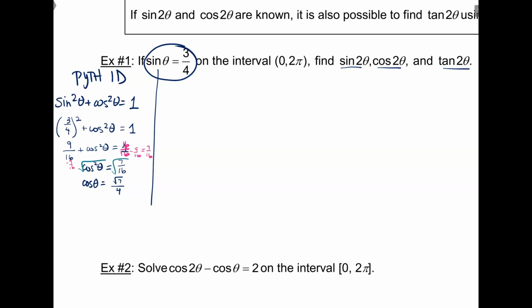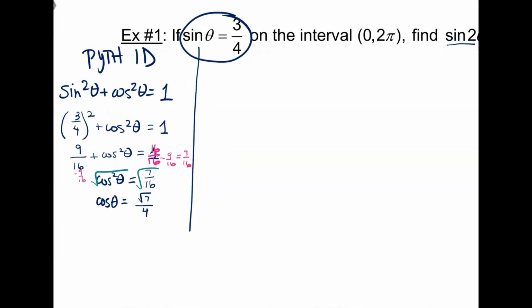Let me think about this for a sec. Normally, you're right, you do have a plus or minus. I only want the plus. Why do I want only the plus?